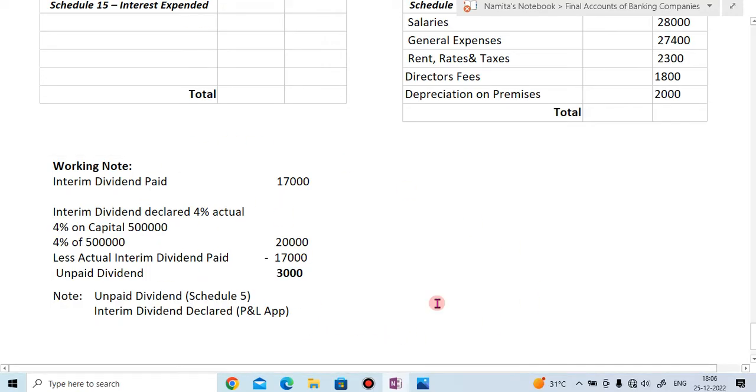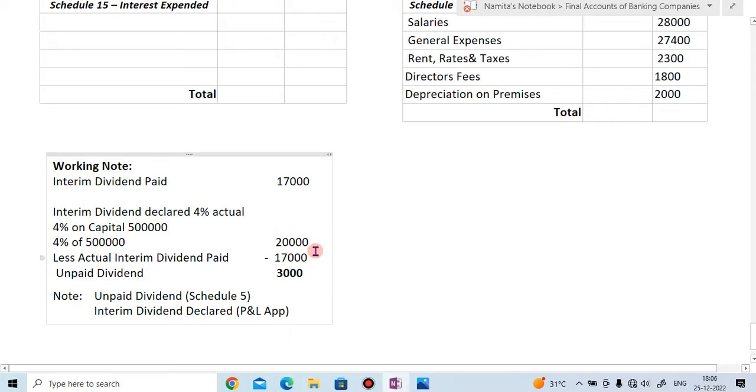This is very important. Interim dividend paid in the trial balance is how much? 17,000. In the adjustment, what is given? That interim dividend declared is 4% actual. So 4% on capital of 5 lakh rupees. So 4% of 5 lakh is how much? 20,000. So 20,000 was the actual dividend to be paid.